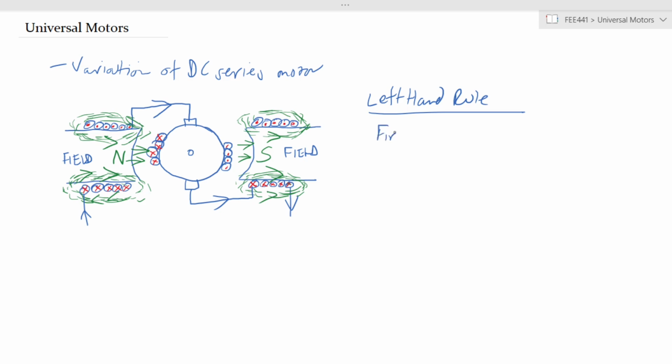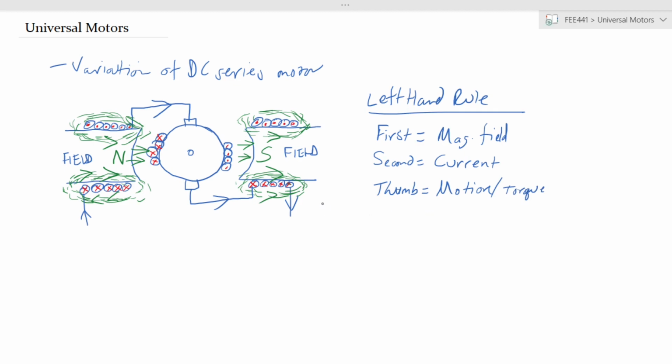The first finger in the left hand rule represents the magnetic field. The second finger represents the direction of current flowing through the conductors. And the thumb, which are all at right angles to each other, is the ultimate motion or torque that will act on the conductors themselves.